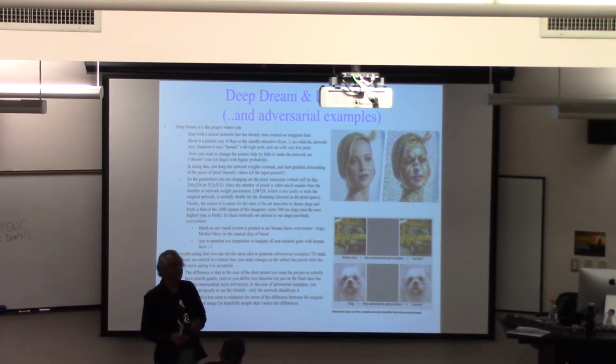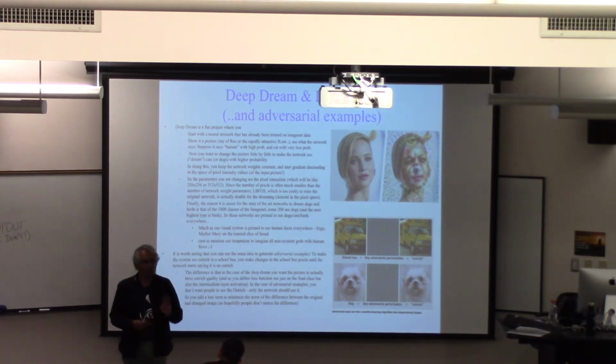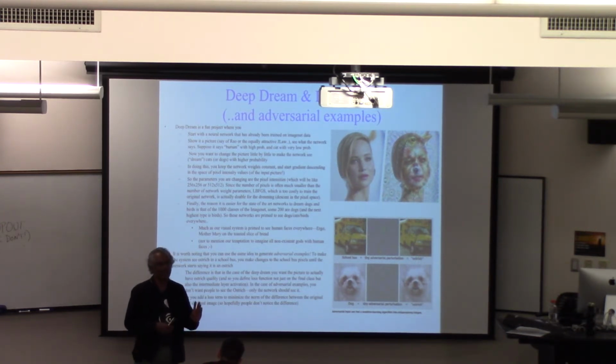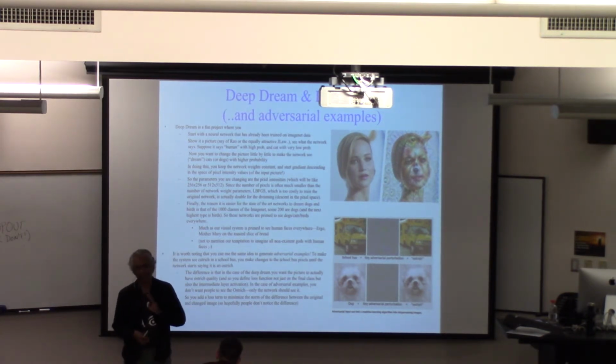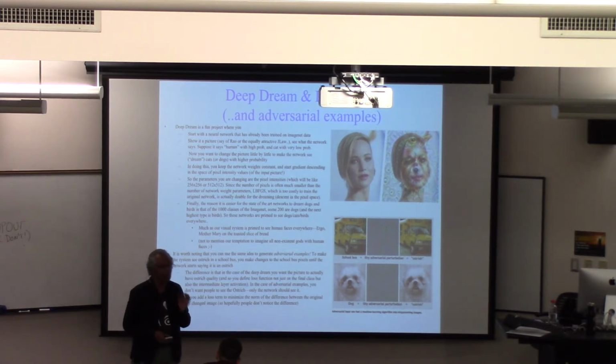And it turns out that most convnets currently are trained on the ImageNet database. ImageNet has 1,000 classes. A full 200 of them are dogs.